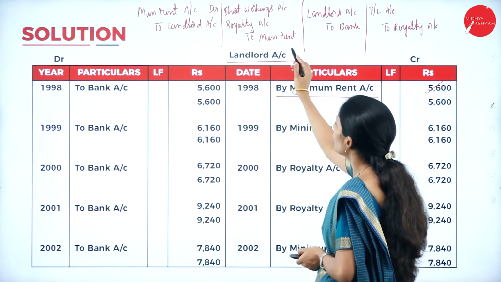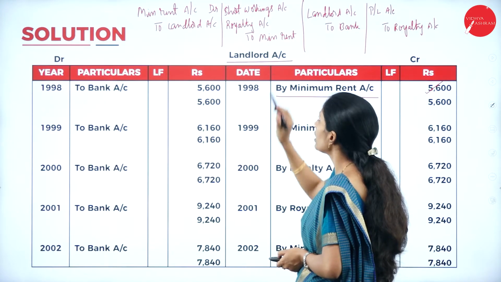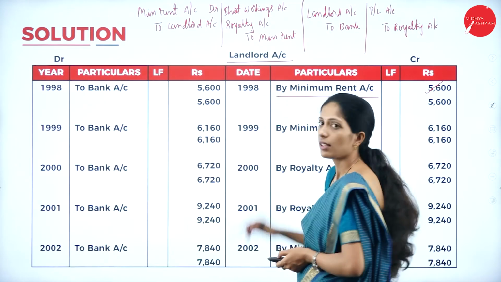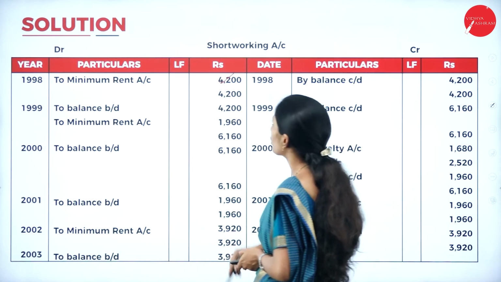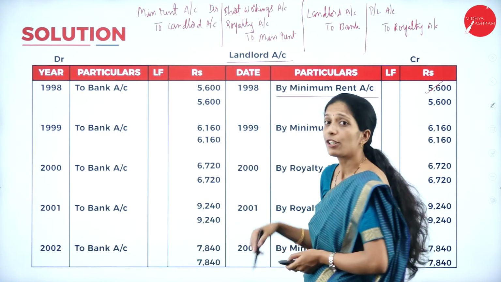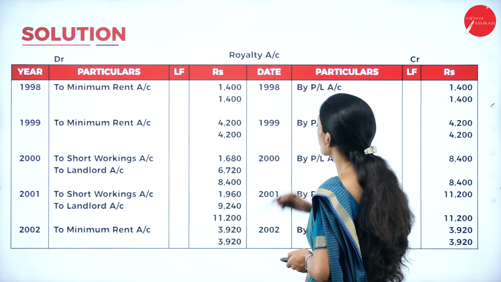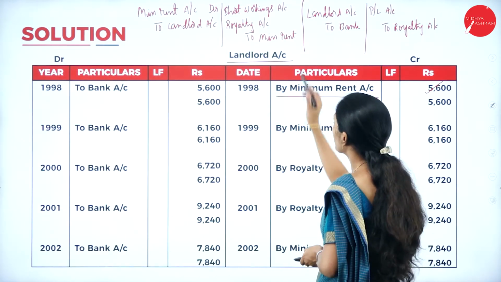Now in short workings account you will write it as to minimum rent 4,200. Whereas in royalty, to minimum rent 1,400. So hope you are clear with the second entry.